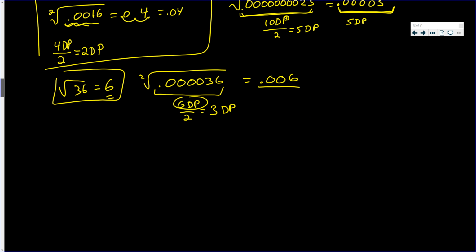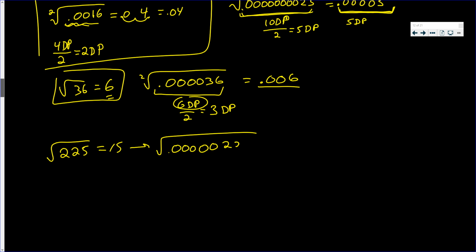It turns out that the square root of 225 is 15. So the question is, what is the square root of this number ending in 225? If this were my problem, the first thing I would do is try to find out what the square root of 225 is.